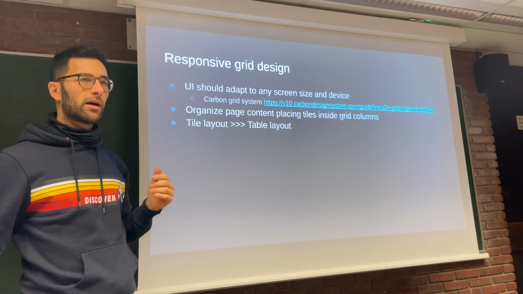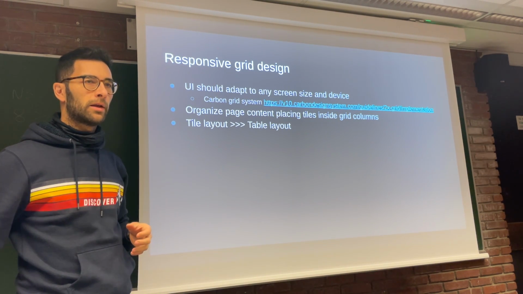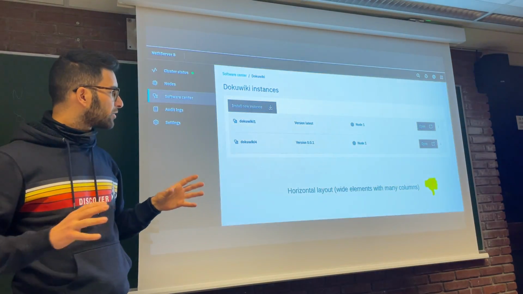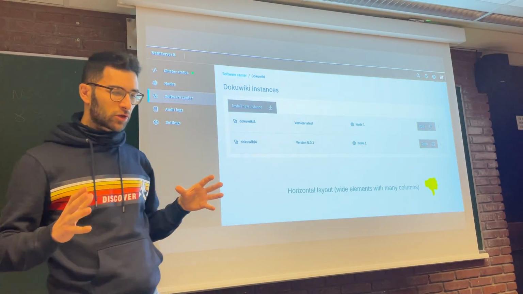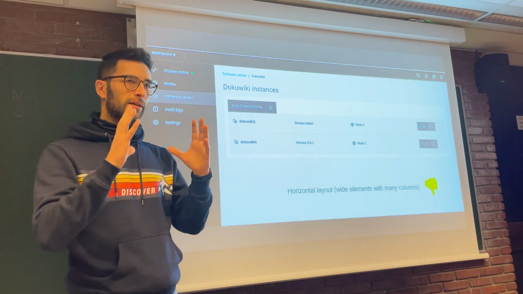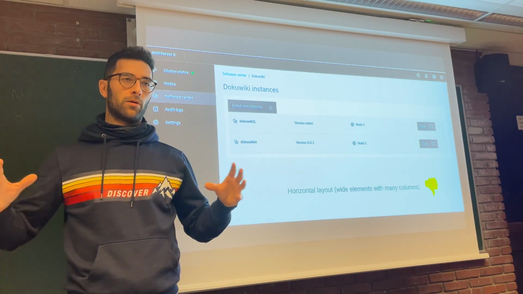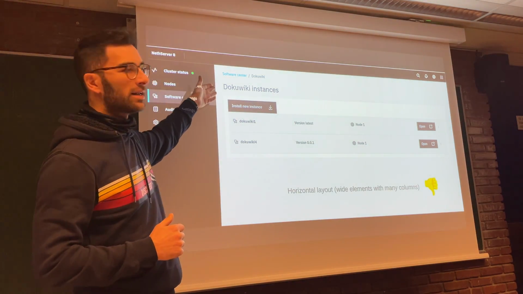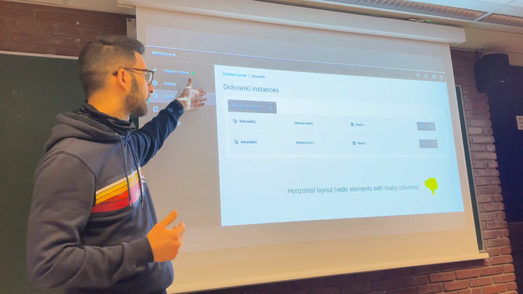A very quick rule of thumb to implement responsive design is to try to organize your page content in narrow elements that don't have too many columns. So this is an example of the page of DokuWiki instances installed on our cluster.